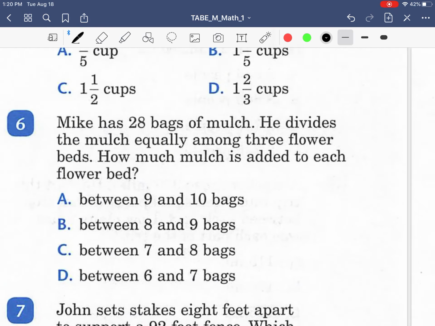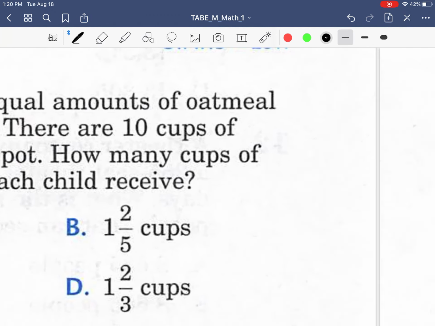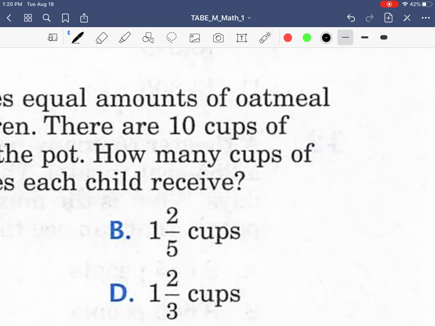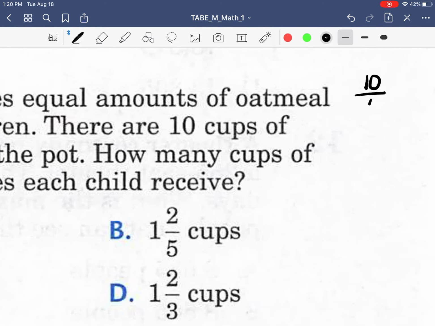Okay, number 5. Jenny serves equal amounts of oatmeal to 6 children. There are 10 cups of oatmeal in the pot. How many cups of oatmeal does each child receive? All right, so we know that she has 10 cups, and she's dividing that among how many children? 6.